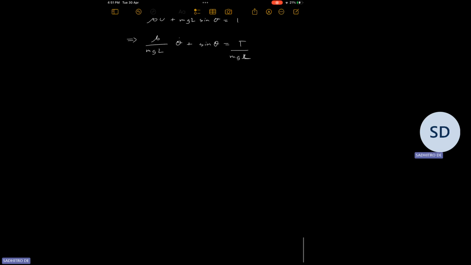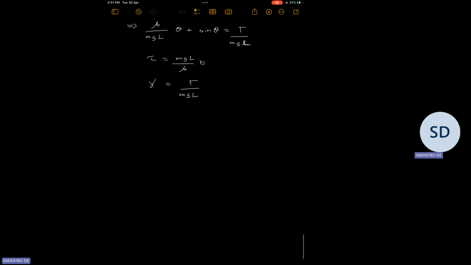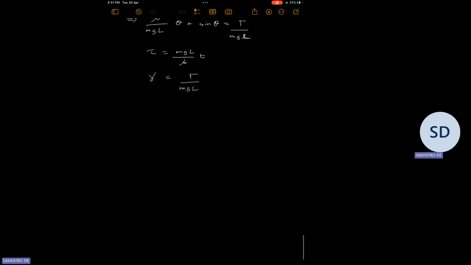Okay, so we let tau equal to mgl by d into t as a non-dimensional time scale, and we define the non-dimensional external torque as gamma by mgl. So you see this non-dimensional external torque is nothing but the ratio of the applied torque to the resisting torque due to the weight of the pendulum.